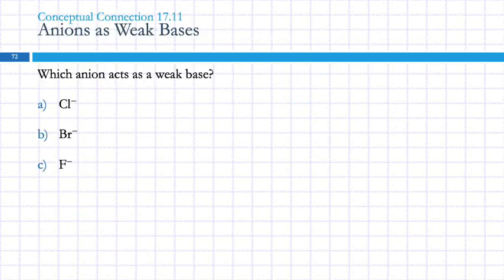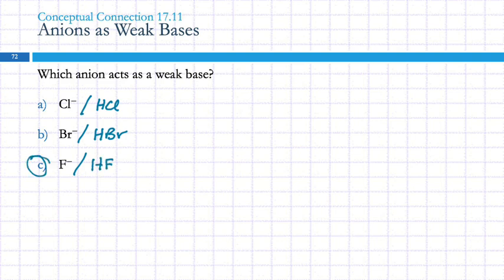9.07. Which anion acts as a weak base? What we want to do is ask ourselves, what's the conjugate acid of these guys? For all of them, we just add H+. So here we get HCl, here we get HBr, and here we get HF.